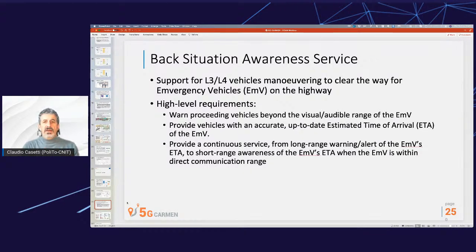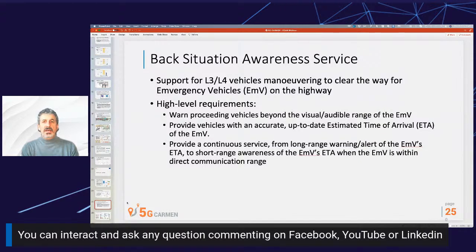That means that there should be a corridor, a sort of lane clearance that has to be guaranteed for these vehicles. It depends on the country: in Italy, this lane clearance is normally translated in leaving some space on the right, whereas in other countries, such as Austria and Germany, this is done by opening up a corridor in the middle of the highway, and all the other vehicles move to the left or to the right.